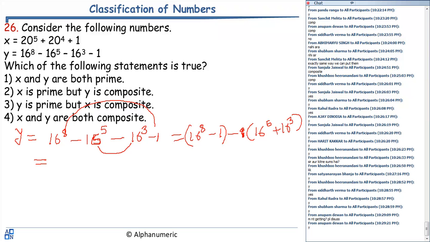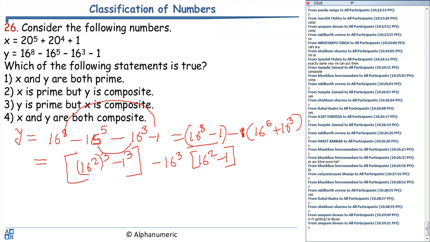So I can say this is a cube minus b cube. I can rewrite this number as 16 square all cube minus 1 cube, minus 16 cube common, and then 16 square plus 1. Now this number is nothing but a cube minus b cube.